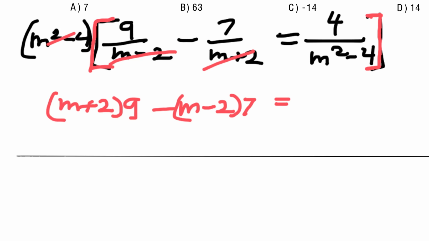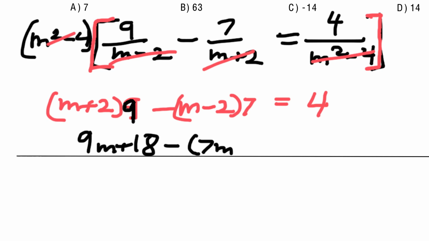And in this one, it cancels completely. m squared minus 4 into m squared minus 4 is 1, so we just have 1 times 4, just 4. Okay, so now we solve for this. We get 9m plus 18, and then here we get a minus 7m minus 14, and here we still have just 4.